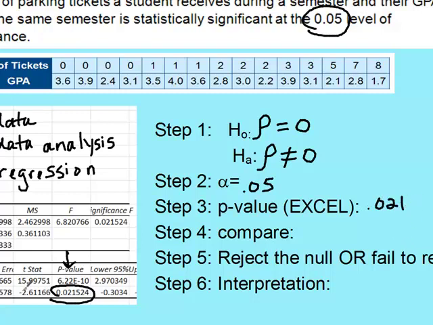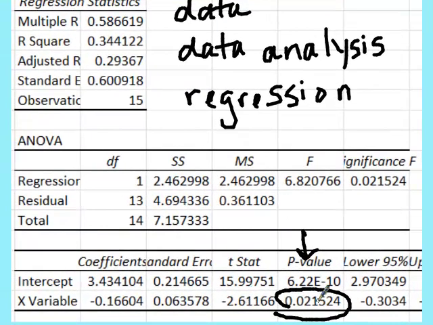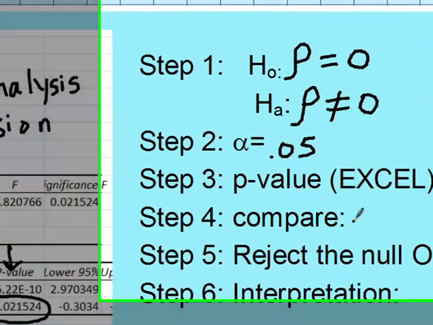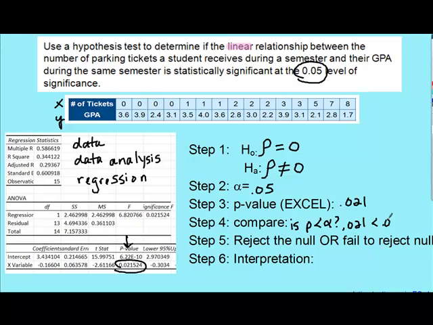That means that from my calculated t-statistic to the tail, I would have 2% of my curve shaded. That would force me to be in the rejection region. So is p less than alpha? Is 0.021 less than 0.05? Yes, it is. That would again force the t-statistic to be in the rejection region. And therefore I would reject the null. Nana nana boo boo, I'm right, they're wrong, and I should interpret it.